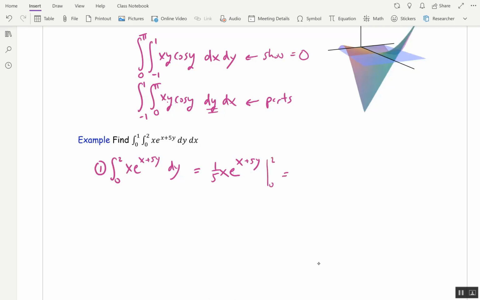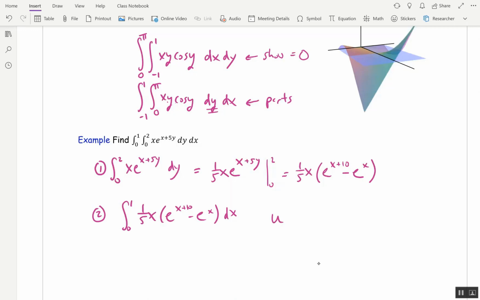So that's 1/5 x, and then when I put 2 in, I get e to the x plus 10, and then when I put 0 in, I get e to the x. Okay, so integral 2 goes from 0 to 1, and I use my answer from integral 1, dx. This is going to be parts.